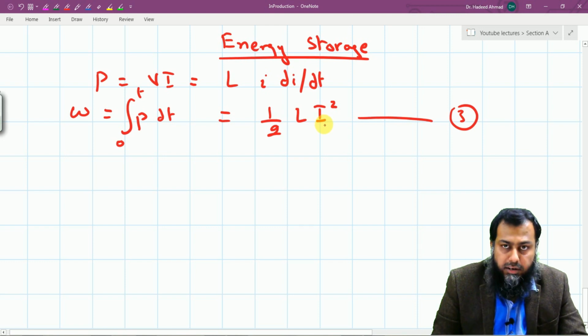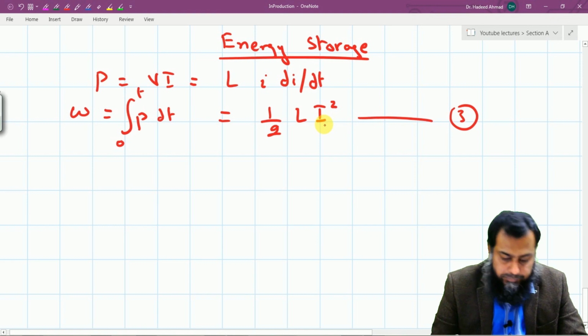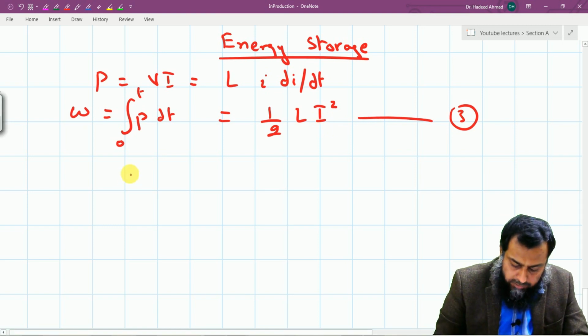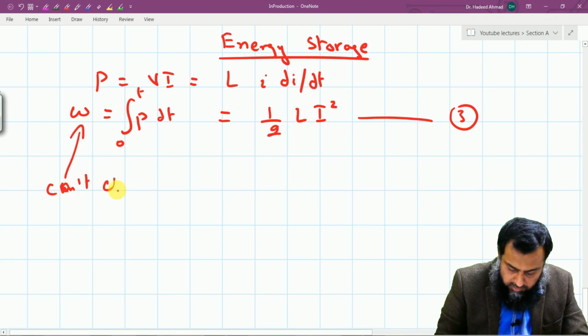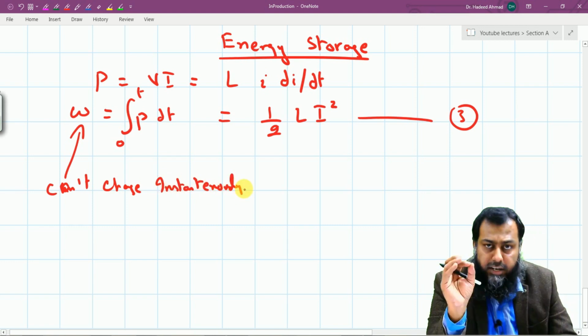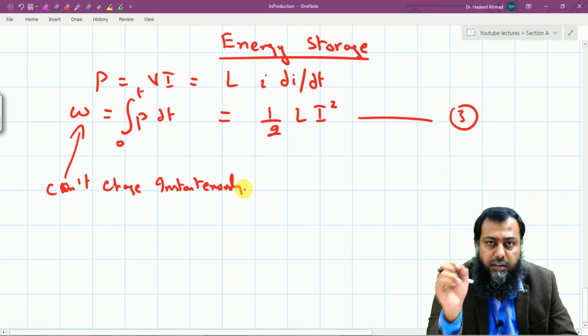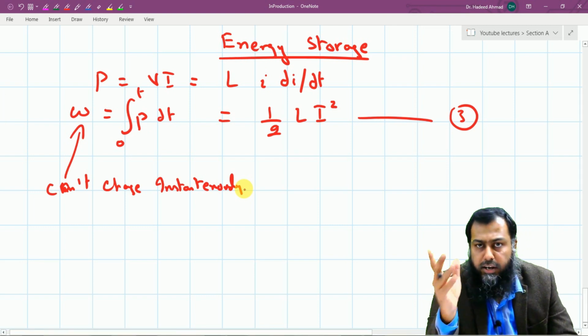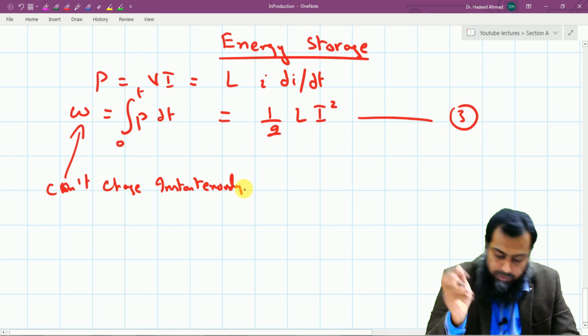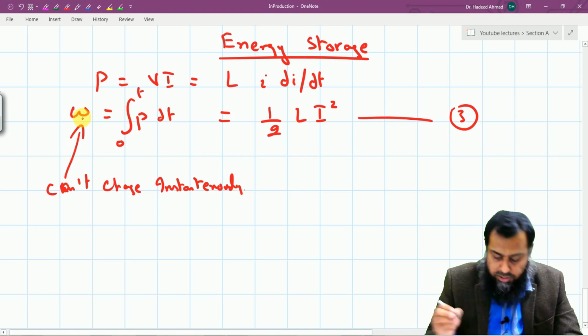No matter what the direction of the current is, it always stores energy whenever there is a current flowing through it, right? This energy cannot change instantaneously, because an instantaneous change in energy requires infinite power, which is not a real world phenomenon. Therefore, the energy cannot change instantaneously.